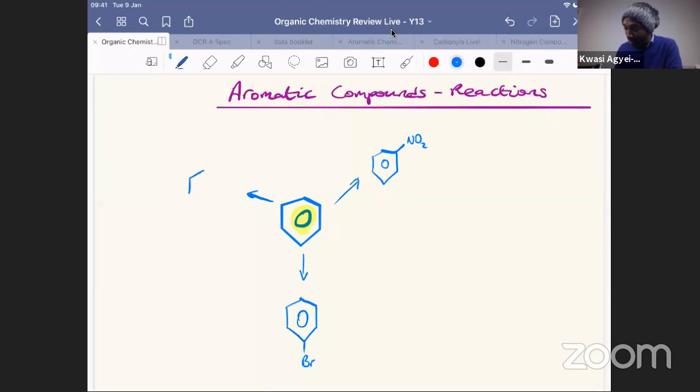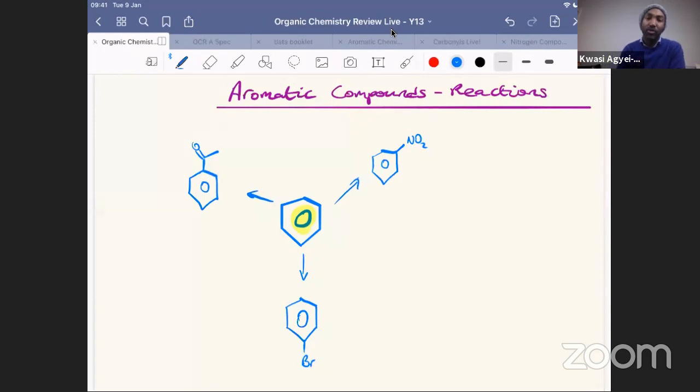So if we think back to the Friedel-Crafts acylation, okay, so that would lead to that benzene compound shown there. Okay, so 3 different reactions involving the electrophilic substitution mechanism.